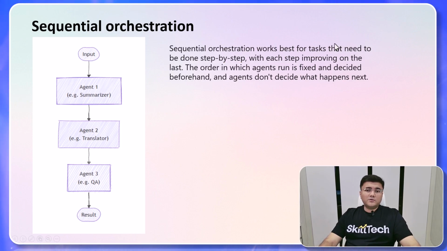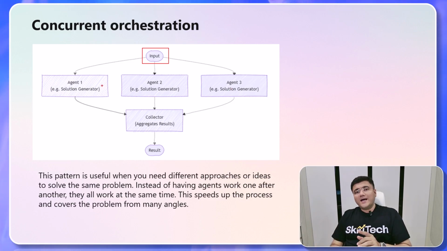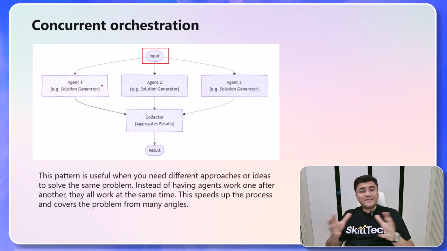Now, moving forward to the second type of workflow, which is concurrent orchestration, which is a little bit more advanced than sequential. In this case, again, you provide some input. When you provide the input, multiple agents are involved in this orchestration, but they are not going to have sequential step-by-step execution. Instead, they work in parallel, concurrently.